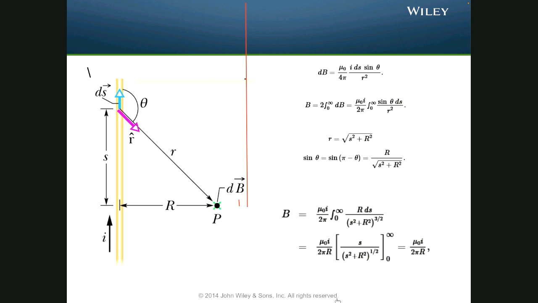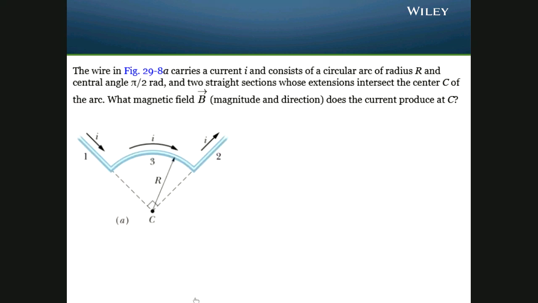So the first thing we will do now that we've done this is work on a short example. Let's look at this wire in the figure. You'll find in your book that it is figure 29.8.